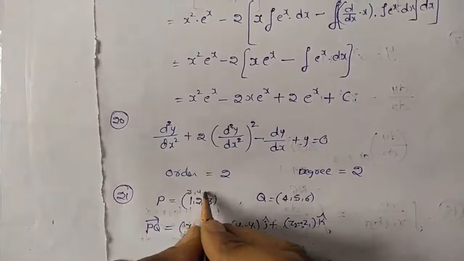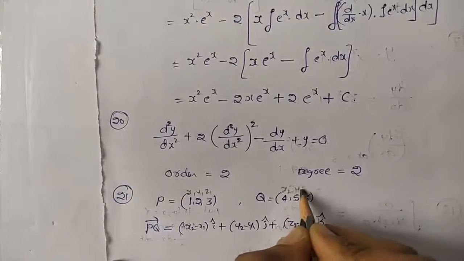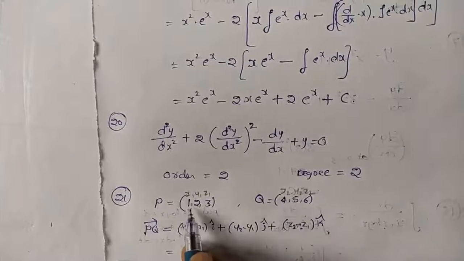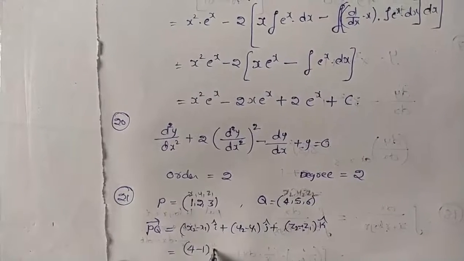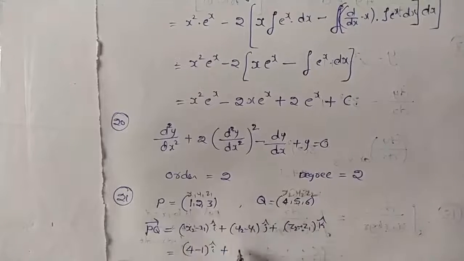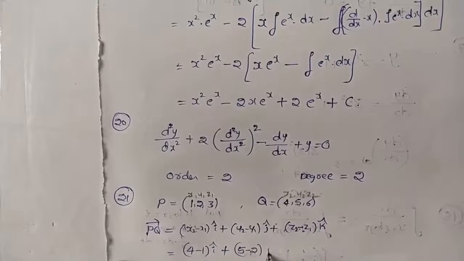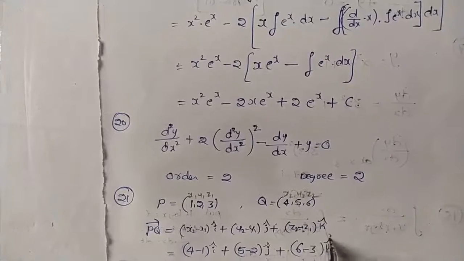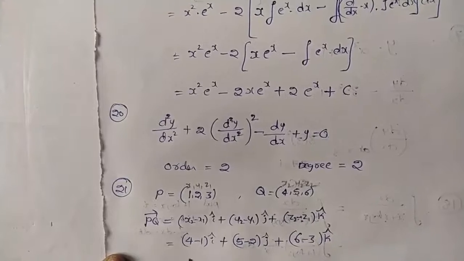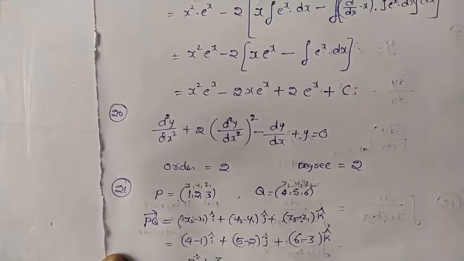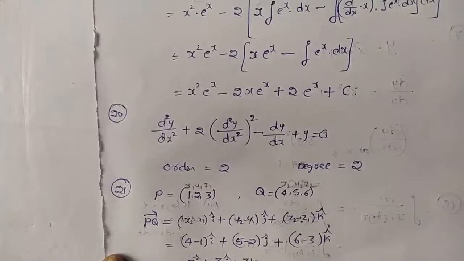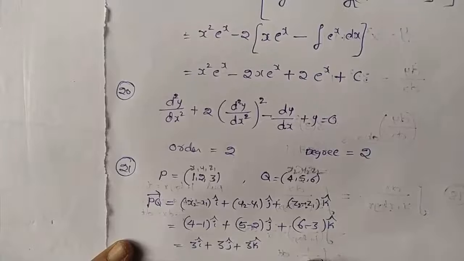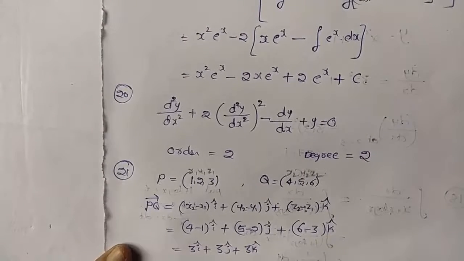So 4 minus 1 into i plus 5 minus 2 into j plus 6 minus 3 into k. 4 minus 1 is 3i plus 3j plus 3k. So PQ vector is 3i plus 3j plus 3k.